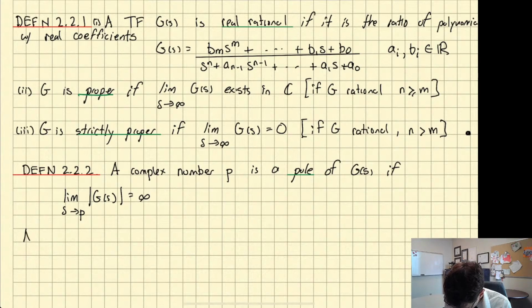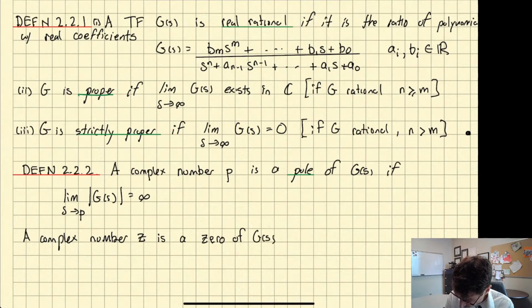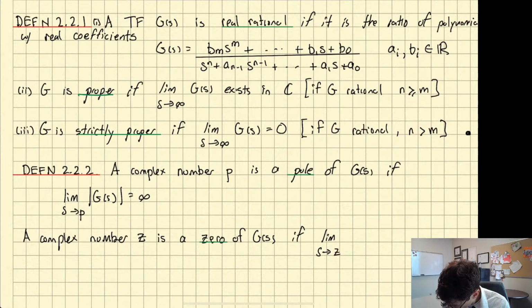I'm going to say that a complex number Z is a zero of G of s if the limit as s approaches Z of G of s equals 0.